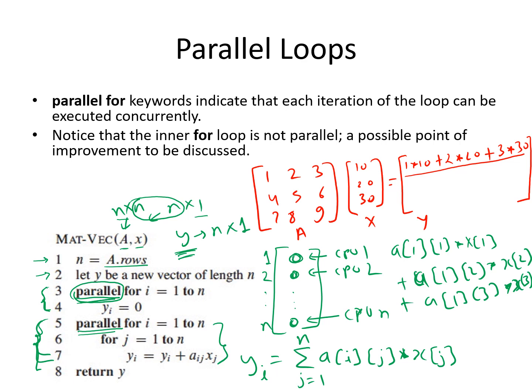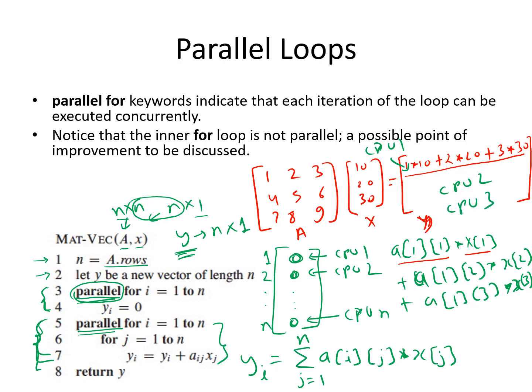So notice that each of the entries in this vector y is computed by accessing the values in input matrix A and vector x. So matrix A and x are accessed in read only mode. Because of that, would it be fine if we, let's say, compute the first entry on CPU1, maybe the second entry on CPU2, and the third one on CPU3? Can that be done in parallel?